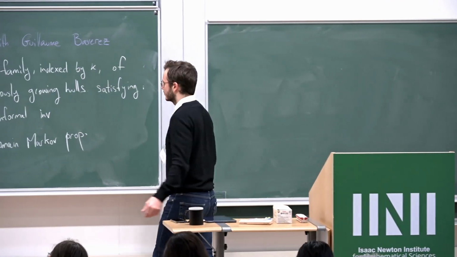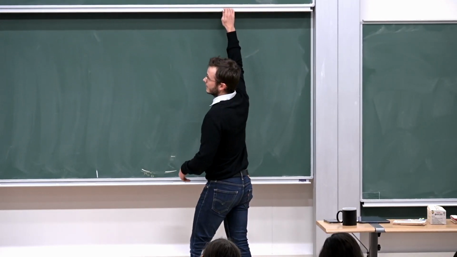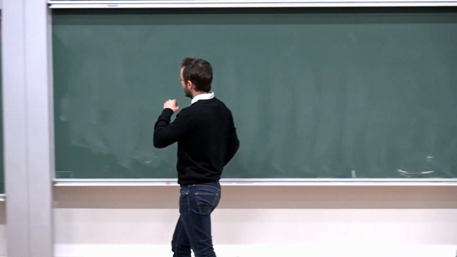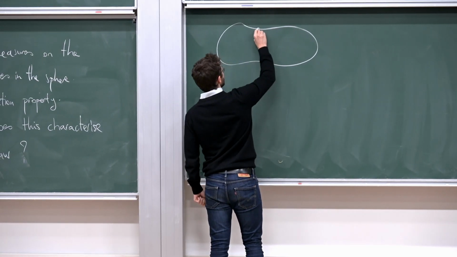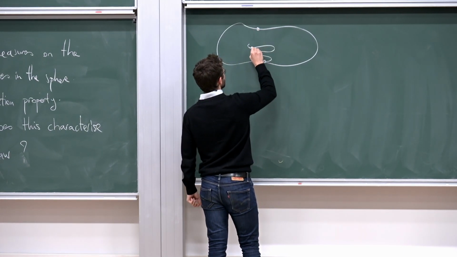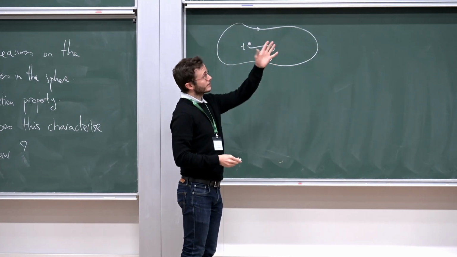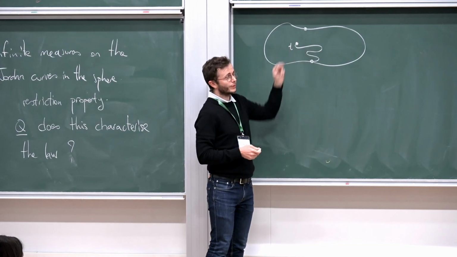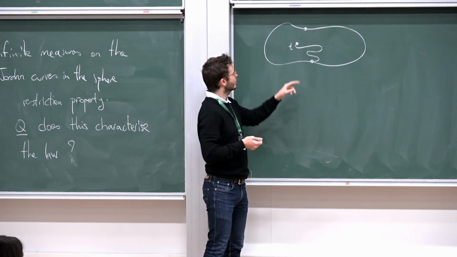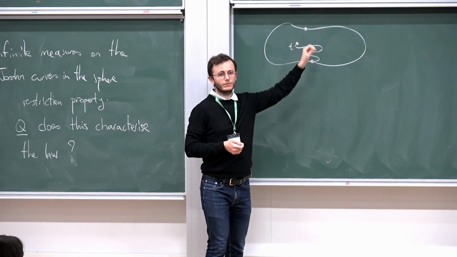So what does it say concretely? If I have explored a portion of my SLE up to time t, and I satisfy these two properties, the remainder of my curve will simply be an SLE from that point to that point in the remaining domain.